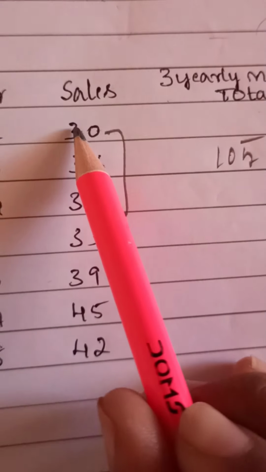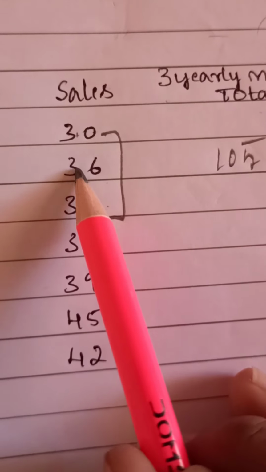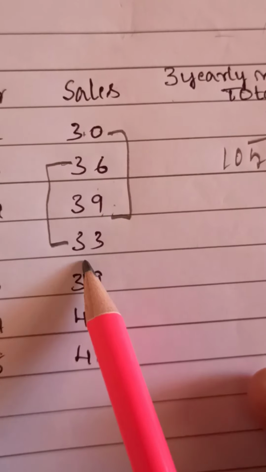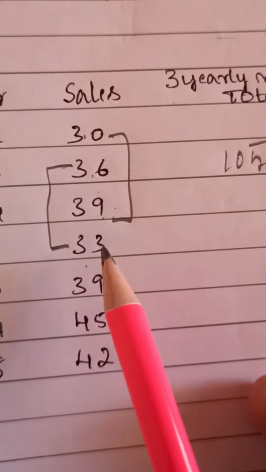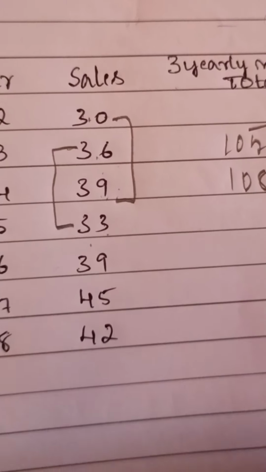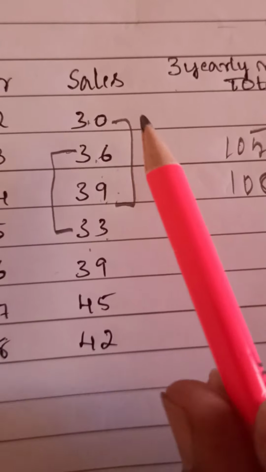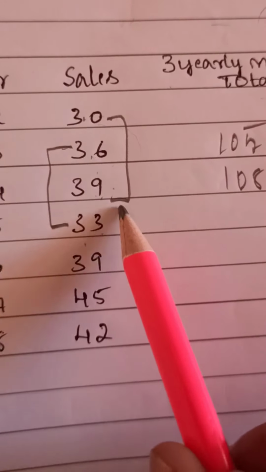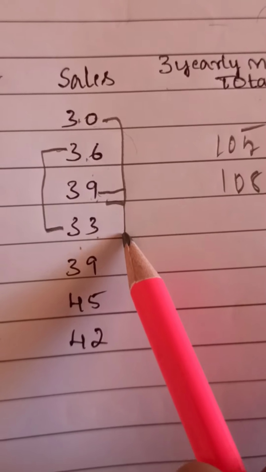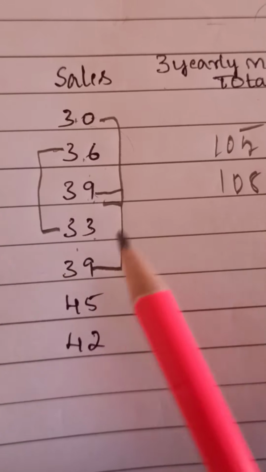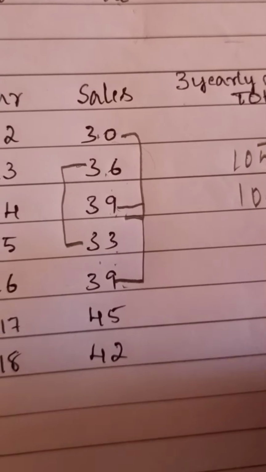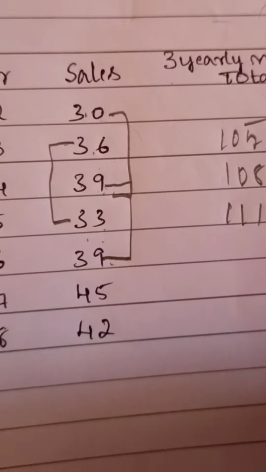Then next 3 years. From 30 it's over, then 36, 39, 33, 3 years. So 36 plus 39 plus 33 will be 108. Then again next 3 years. From 30 it got over, from 36 got over, from 39 now you have to take. 39, 33, 39, 3 years, you will get 111.